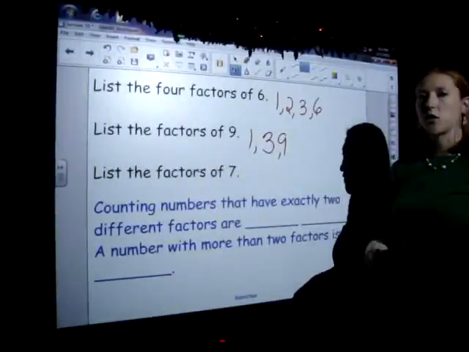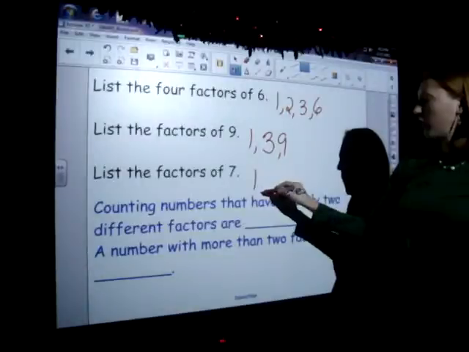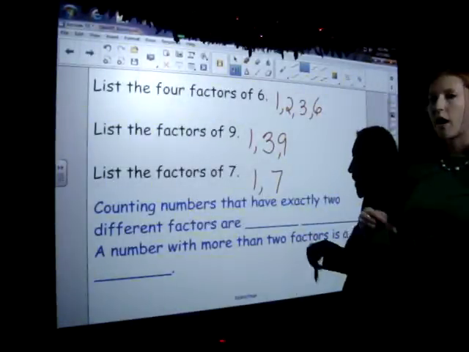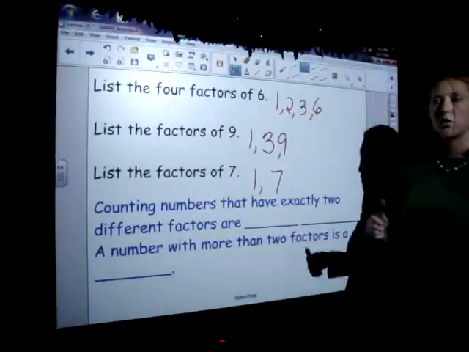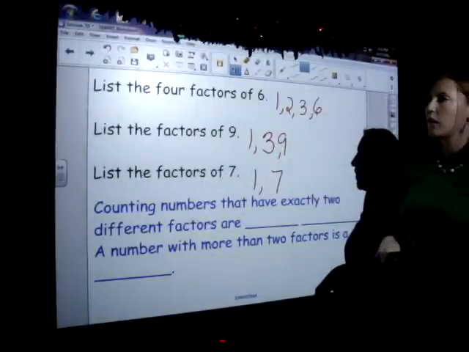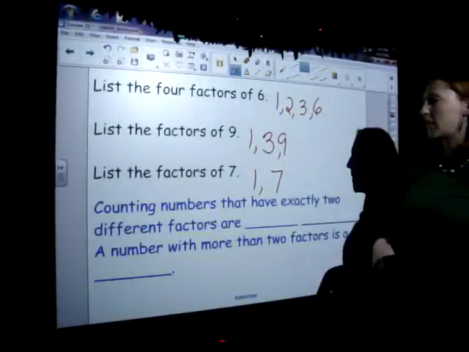Go ahead and list the factors for 7. I always start off with 1 and times the number, so that would be 1 times 7. Are there any other numbers? 2 times something that equals 7, 3 times a number, 4, 5, 6. No, none of those works. We're back to 7.